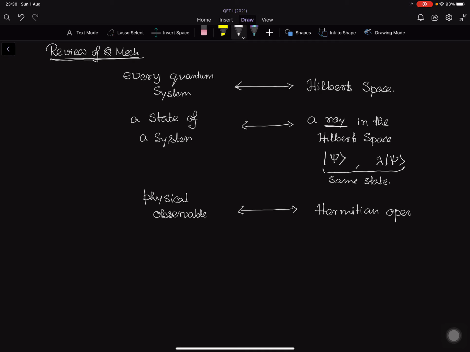More generally we will consider other operators which are not necessarily Hermitian, but you should always remember that physical observables correspond to Hermitian operators. So this is a very basic way to think about a quantum mechanical system. I denote it as Hilbert space.